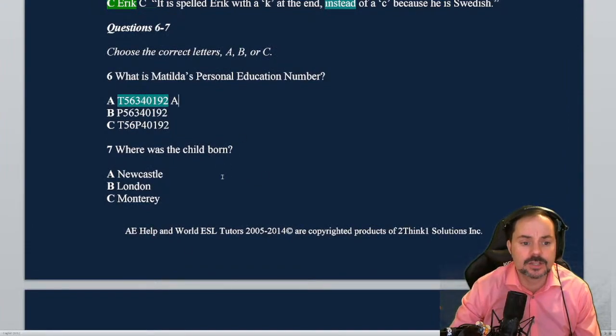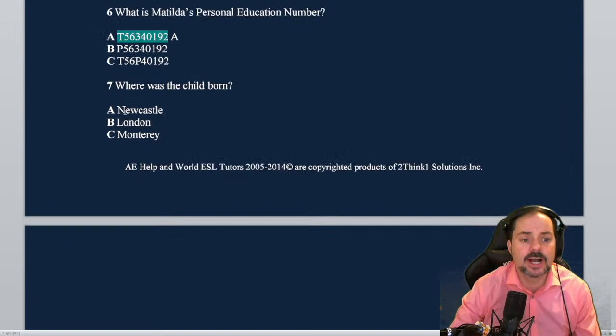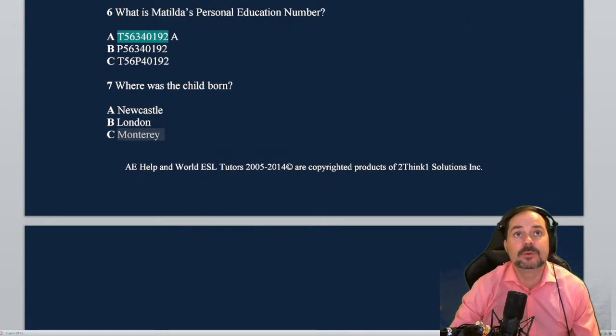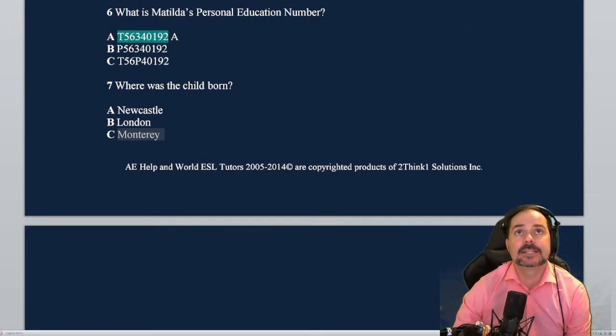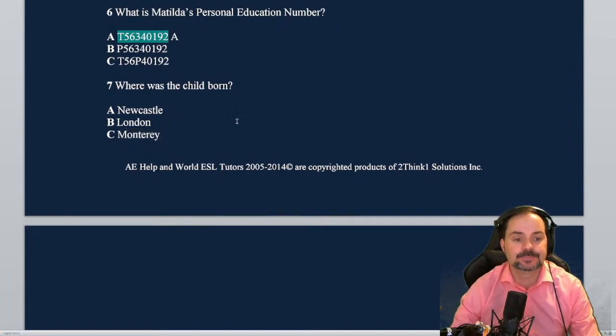Where was the child born? Was it A, Newcastle, B, London, or C, Monterey? I see that a lot of people were already giving answers for that. Moo says 7 was A. Layla says that was A. Yeah, so it was Newcastle.